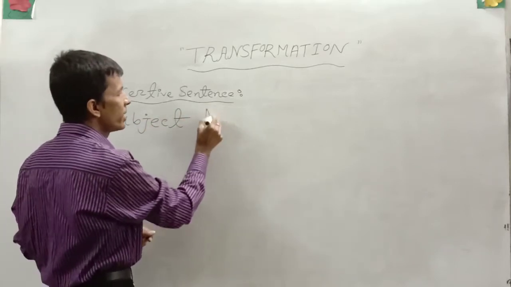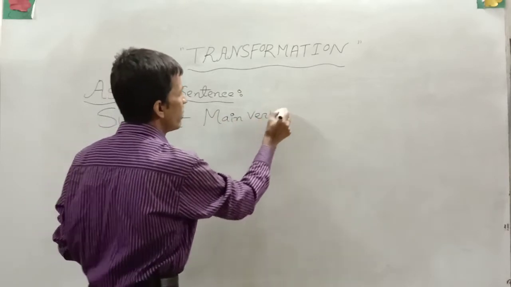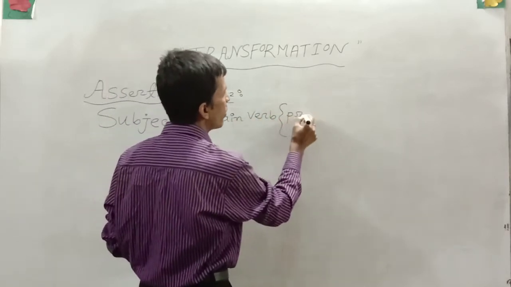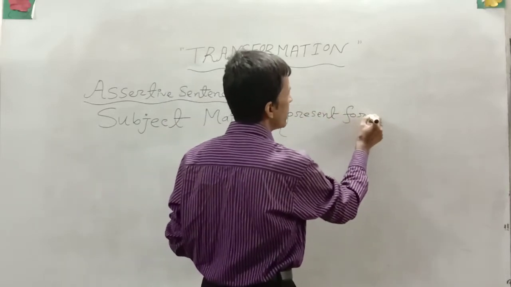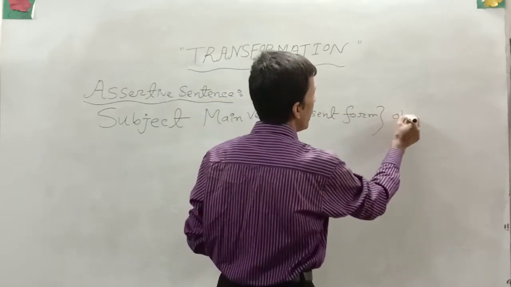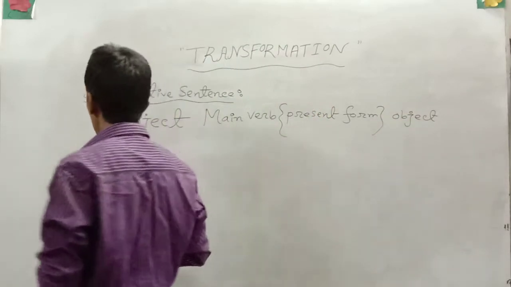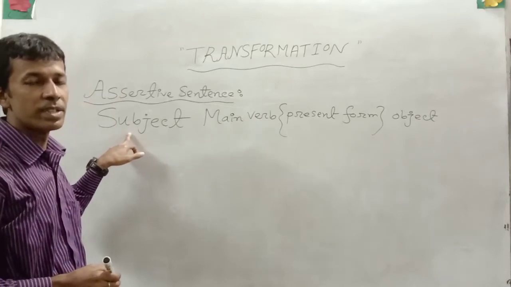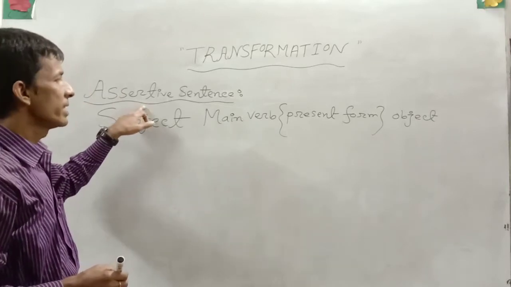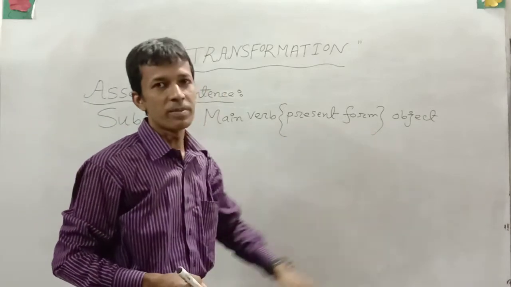Main verb in the present form. And at last, object. So, this is the cardinal characteristic, or main feature, or salient feature of an assertive sentence: subject, main verb in the present form and at last object.